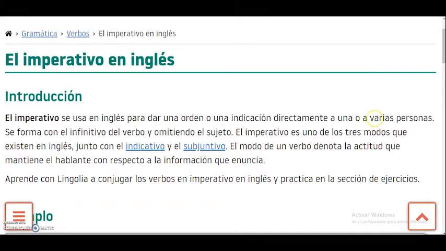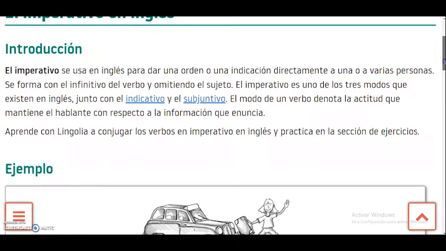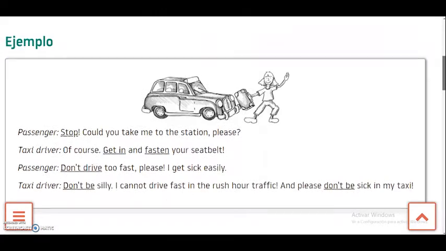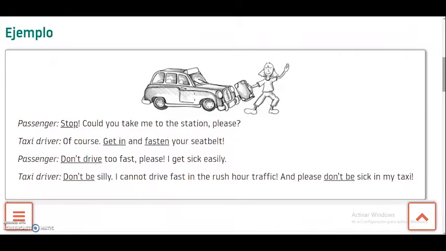Vamos a ver cómo sería con Lingolia esto. Por ejemplo, if we talk about, for example, that a passenger says: stop, could you take me to the station, please? Okay, maybe you're saying to the people without the subject, stop.